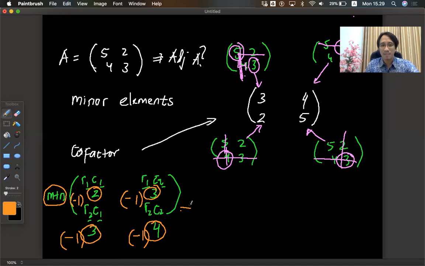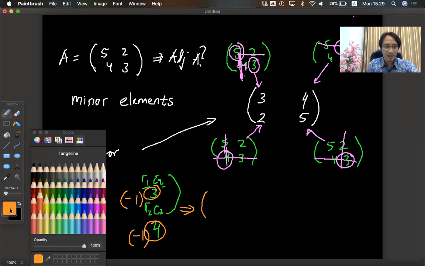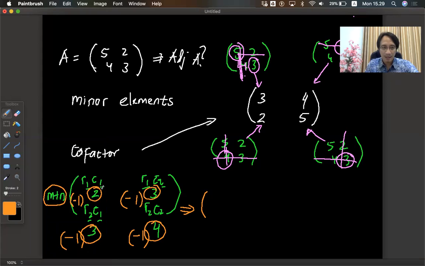So the sign will be -1 squared, -1 times -1, so the result is plus. -1 powered by 3: minus times minus is plus, times minus is minus. -1 to the 4 is plus, positive.